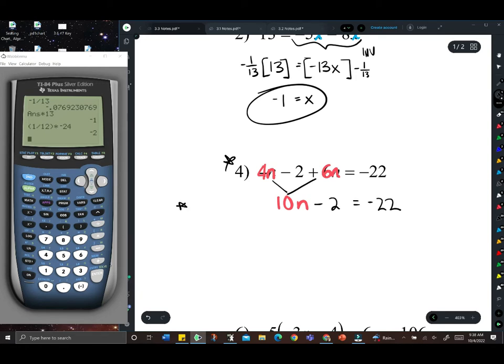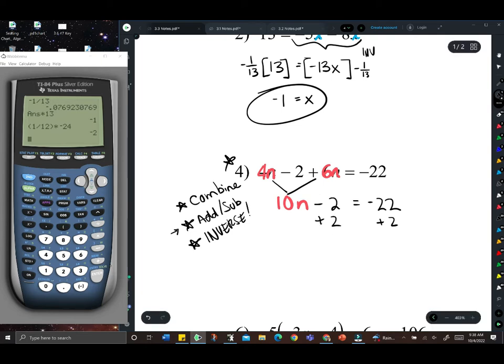So we combine the n's. So kind of the steps are to combine. Then we're looking at add, subtract. And then we're looking at inverses.